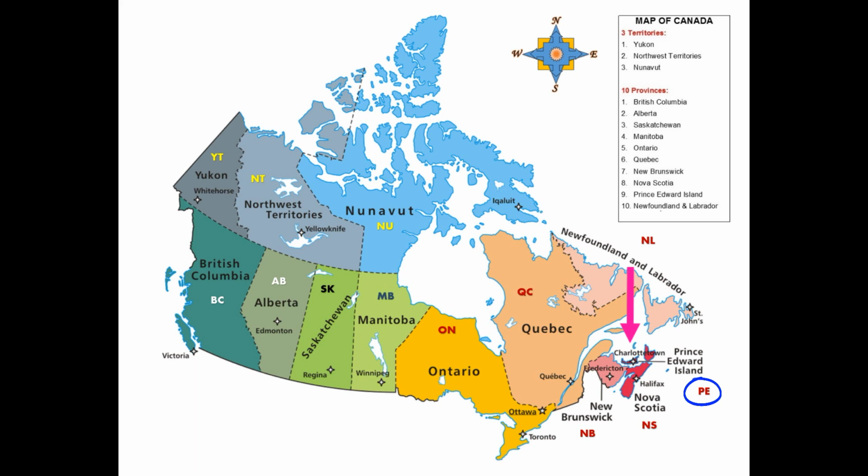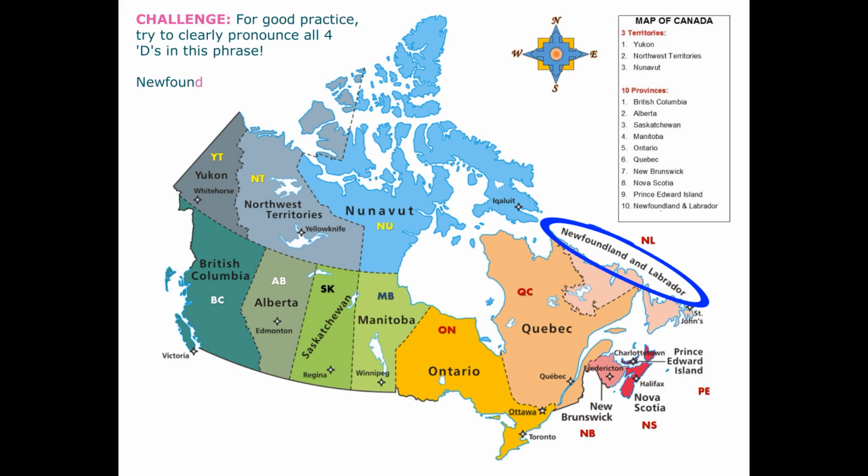And north of that, we have Newfoundland and Labrador. Newfoundland and Labrador. Before we say it one more time, I've heard it said one way, but more correctly it is Newfoundland. And Newfoundland is the part of the pink that has St. John's on it.